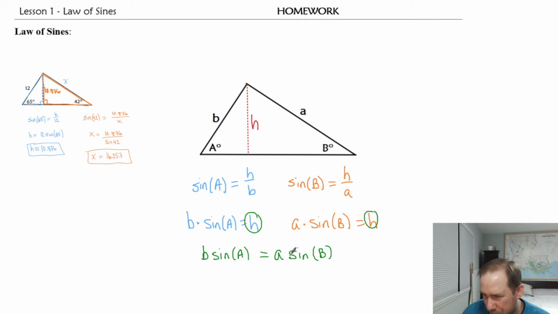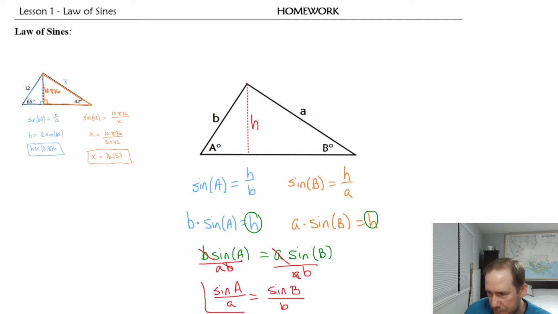I can now divide both sides by sine A. And if I divide both sides by sine of A, then I get sine of A over A. But I could also divide both sides by B. And so on this side, the B's cancel, and I get a denominator of A. On this side, the A's cancel, I get a denominator of B. And that rule right there is the law of sines.